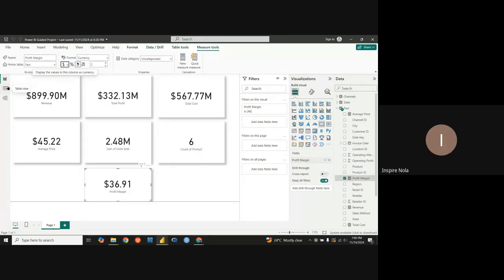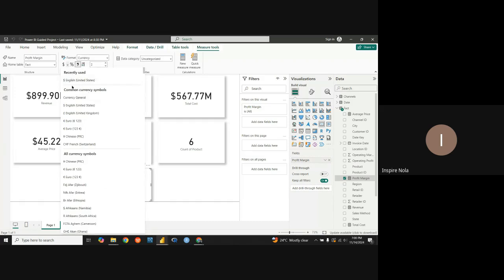I think this margin should be formatted as a percentage instead of a currency, since it is a profit margin, and the profit margin is like the profit rate. Okay, yes. Instead of leaving it as a currency, it should be in percentage instead. Okay, yeah, you are correct. You are correct. Let's format this.